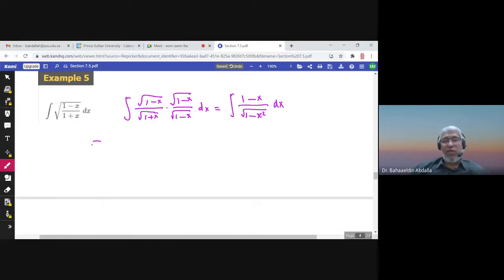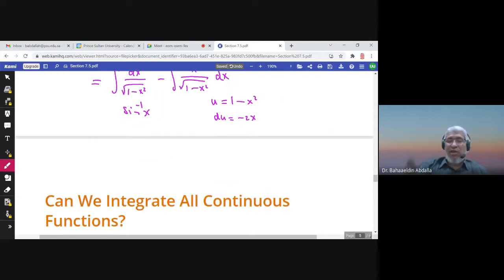So if you just distribute and write it, integral of dx over square root of 1 minus x squared plus or minus, because there is a minus, integral of x over square root of 1 minus x squared, you will notice that the first integral is just sine inverse x, and in this integral you can take u equals 1 minus x squared, and du would be negative 2x. So I need negative 2 and 1 over negative 2, and you find the integral using substitution.